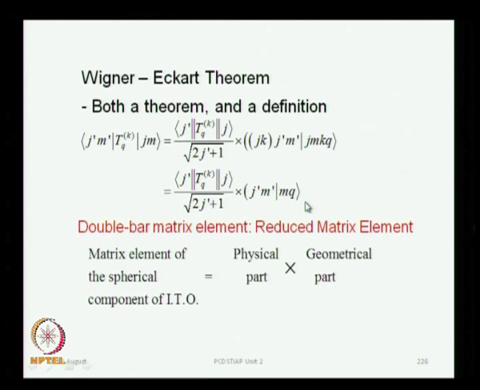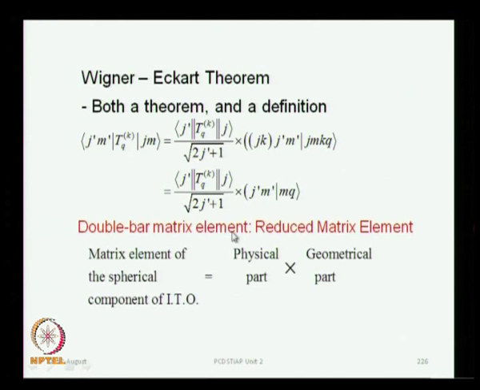And those quantum numbers which are coming from the eigenvalues of jz, or they are coming from the eigenvalue of j dot u. Okay. Those are the only quantum numbers which appear in the geometrical part, okay, because that has to do with the axis of quantization, which has got a certain orientation in space.